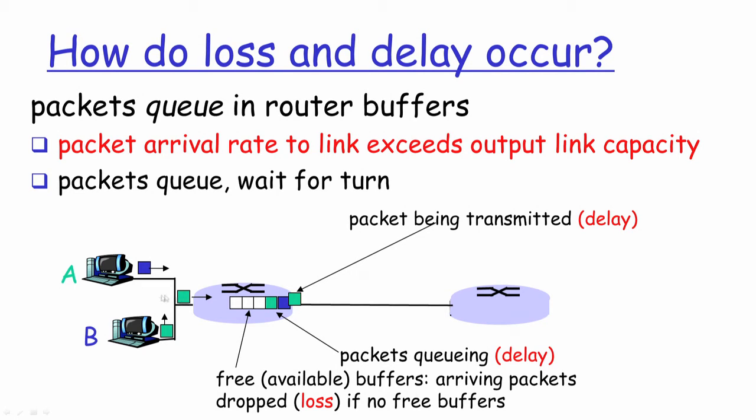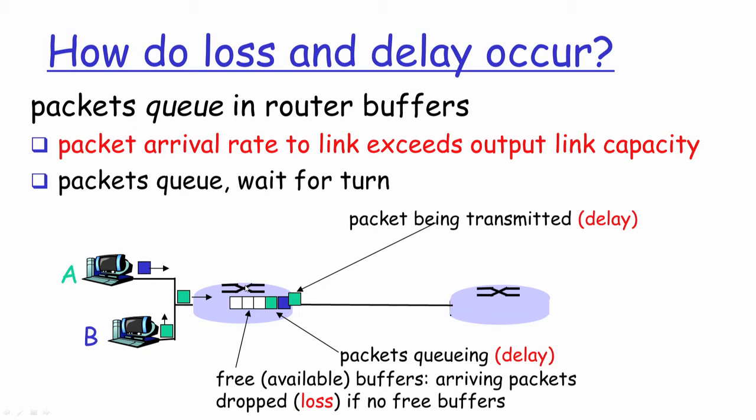Because I have too many packets coming in, and also maybe because my output link is not that fast, I have too many packets getting queued, because of which any packet that is coming in will not be able to get stored in the pre-allocated memory buffer, because the originally allocated memory buffer has been used for storing all the packets that have reached me before, and since my output link is also not very fast, I am not able to push those packets out as quickly as required, because of which the packets have got queued in my buffer.